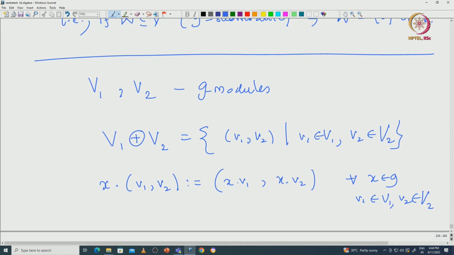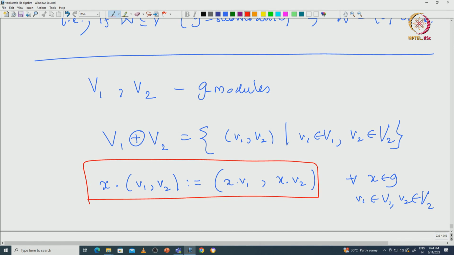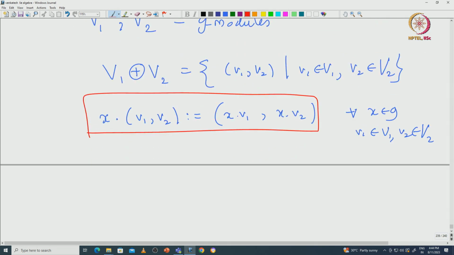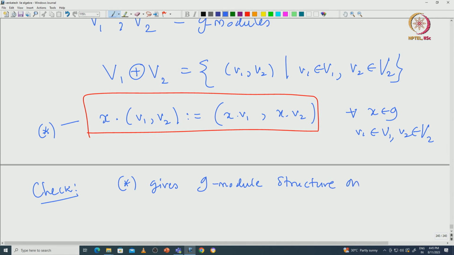So, this gives you an action and that makes V1 direct sum V2 a G module. That is something I will leave it to you to check: check that this star gives you a G module structure on V1 direct sum V2.